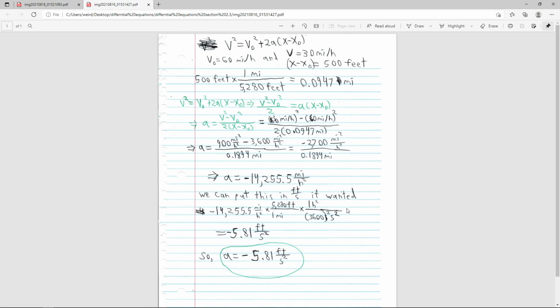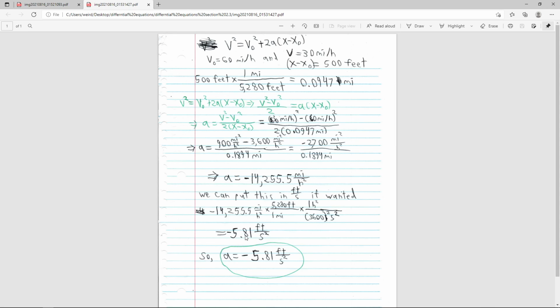In 1 hour we have 3,600 seconds, so 3,600 squared seconds squared, because there are 60 seconds in a minute and 60 minutes in an hour. Well, we have to square that when we square the seconds. That's how the conversion works. That's just a cool example to show off.